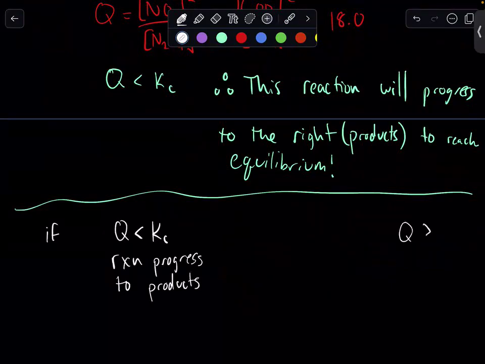If Q is greater than Kc, then the inverse reaction progresses to reactants. And turns out if Q is equal to Kc, we are at equilibrium.